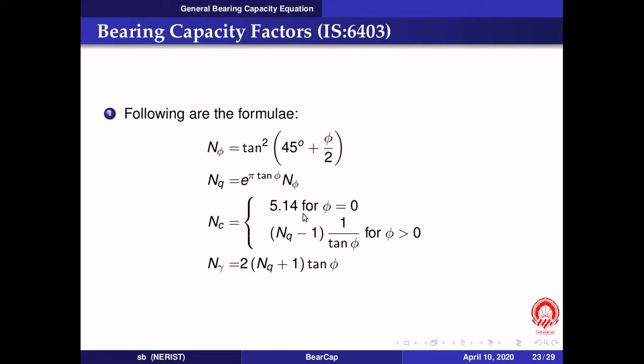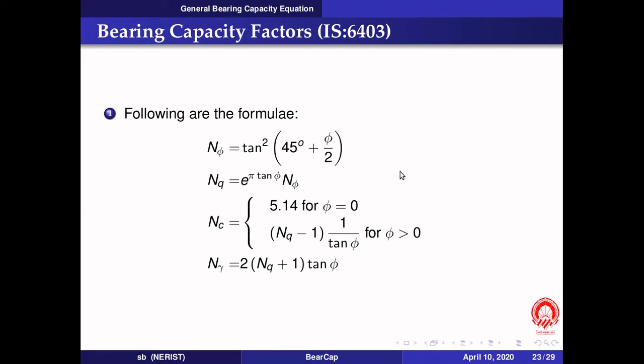Then NC is 5.14 when phi is 0, otherwise NQ minus 1 cot phi for phi greater than 0. And N gamma is given by 2 times NQ plus 1 into tan phi. So these are the formulae given for bearing capacity factors by IS 6403. They are easy to remember, so we don't need to depend on those graphical charts.